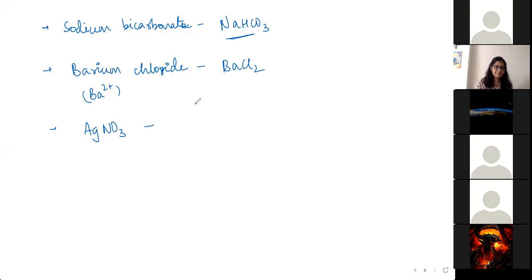Suhani and Swayam and Sujal, yes. Okay, Ashka and Samriddhi. Ashka also got it. Samriddhi also got it. Awesome. So this is silver nitrate.